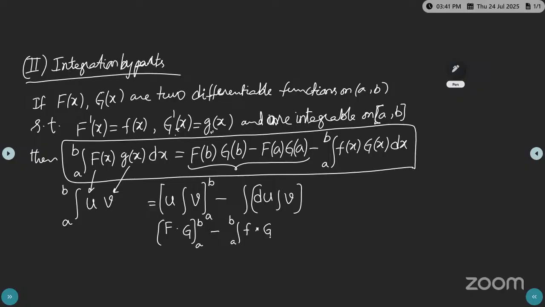Among u and v, which one should be considered as u, and which one as v? As per this order, ILATE.